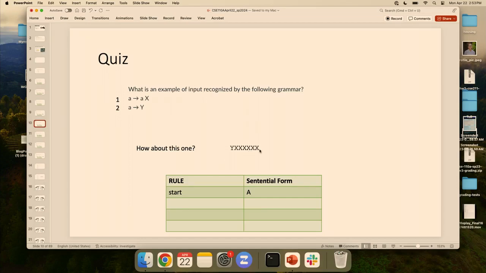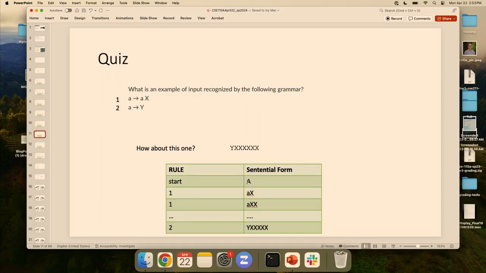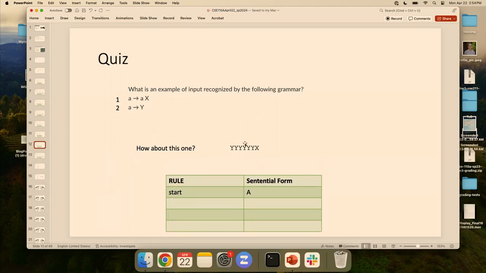The XXXXXY, like I said, that one does end up working because you start applying your rules and you generate a bunch of X's, and eventually when you get enough X's, you can terminate by applying rule number 2. That gives you a Y at the beginning of the string. Similar with this one, you realize that you are only able to get one Y character, because that's the terminal case, and so you wouldn't be able to make this string.